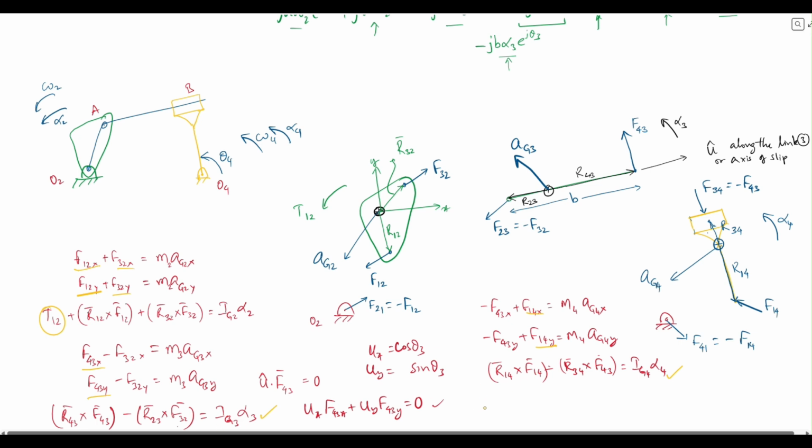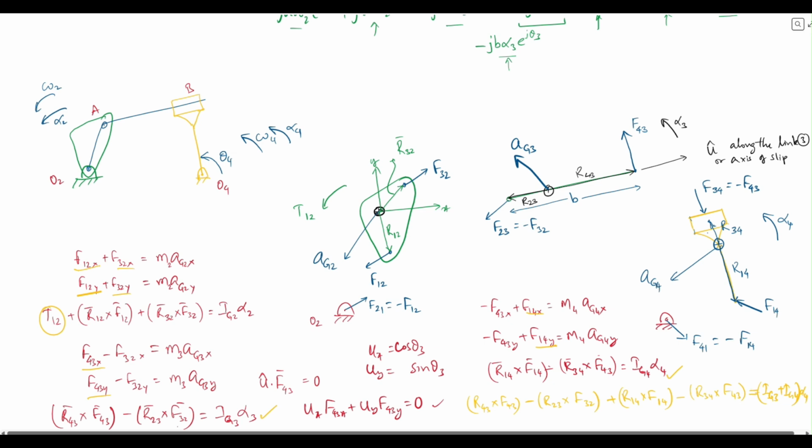We can add these two and write R43 crossed with F43 minus R23 crossed with F32 plus R14 crossed with F14 minus R34 crossed with F43 is equal to (IG3 plus IG4) times alpha 4.